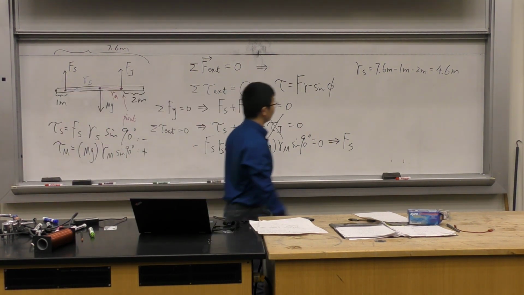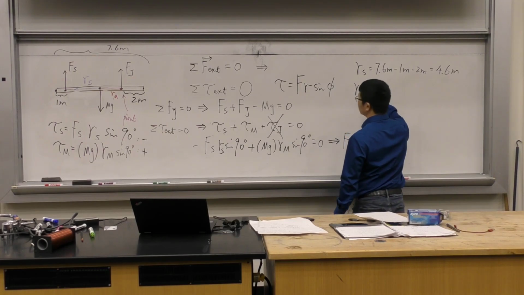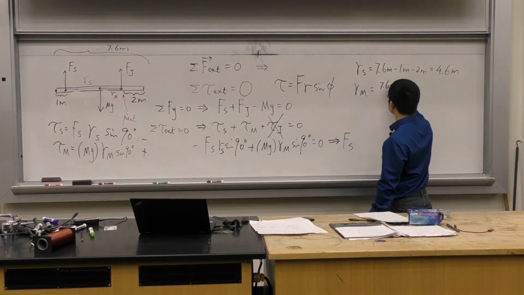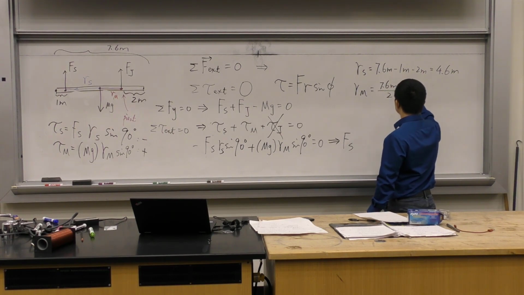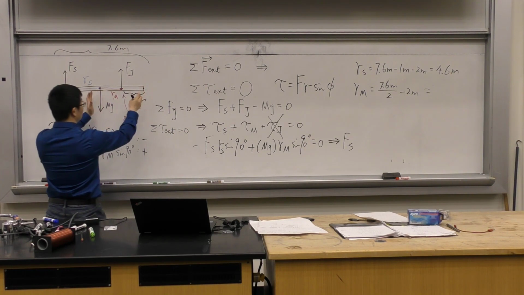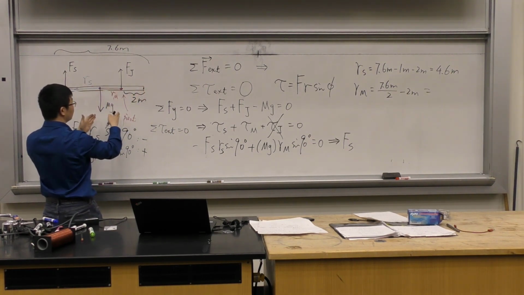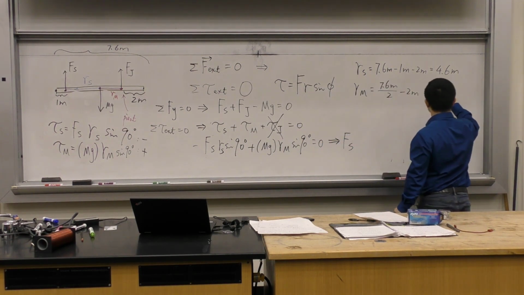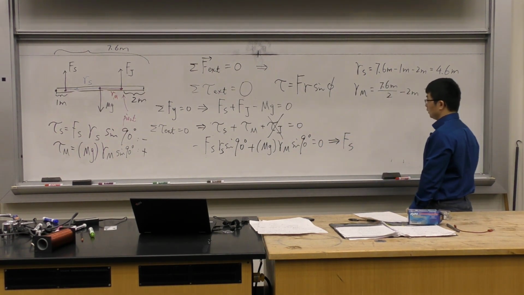Okay? And then the arm for gravity, you're going to do half the length minus 2 meters. It's going to give you this arm. So that's going to be 1.8 meters. Sorry.